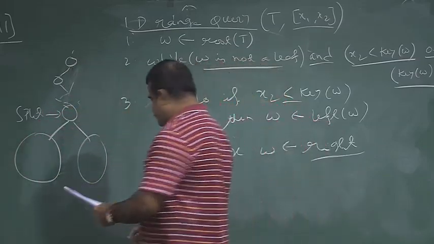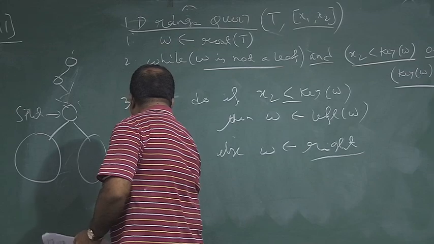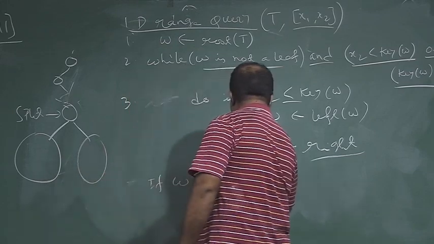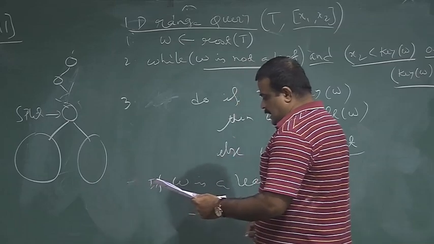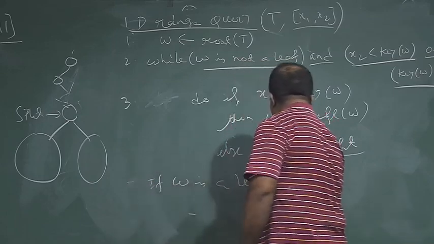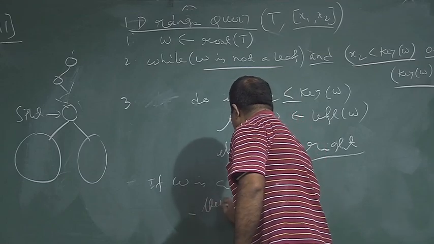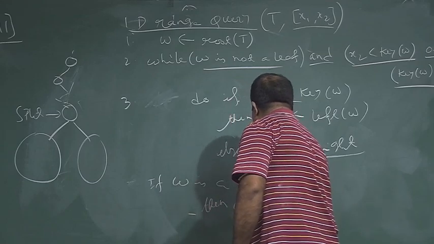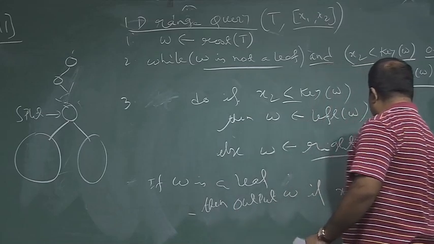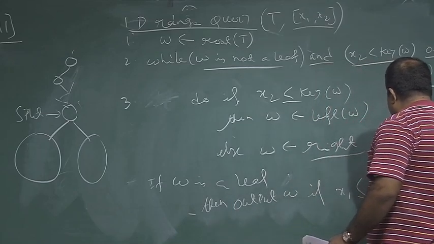So if w is a leaf, then we output w if the key value of w lies in this range.